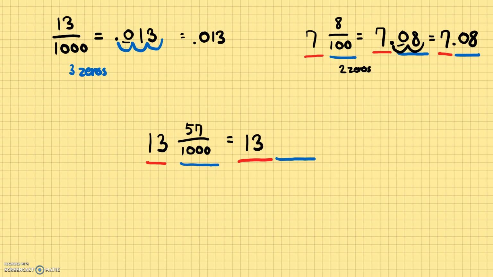And then the fraction part is going to be 57, just write 57. And since there are 3 zeros, you go 3 places. 1, 2, 3, like this. And put a 0 there since there's a blank space. So the answer is going to be 13.057. So that's how you change fractions to decimals and also mixed numbers to decimals.